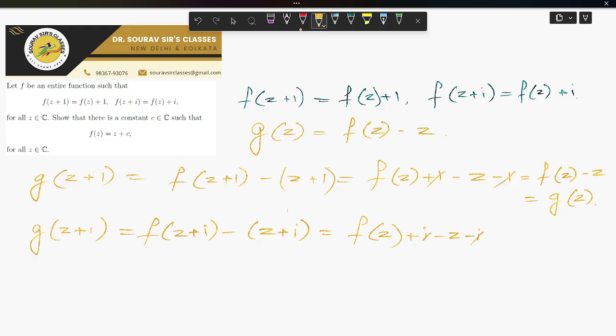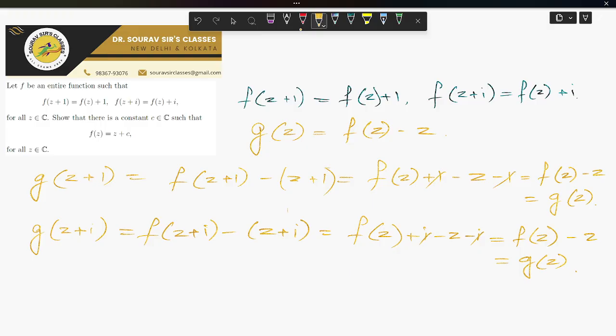So i and i will be cancelled out. So finally again we would get f of z minus z, and we are getting g of z. So now what can be done after that? Thus our g is doubly periodic with periods 1 and i.